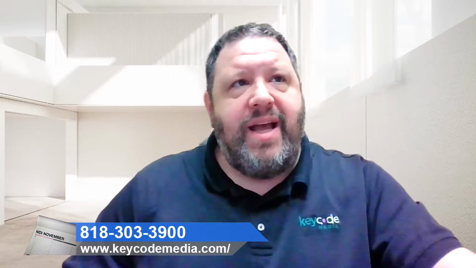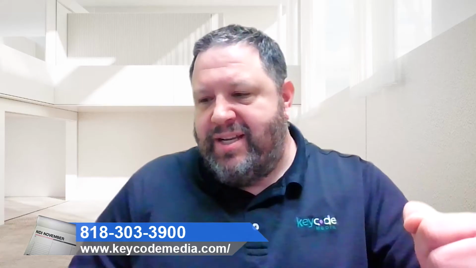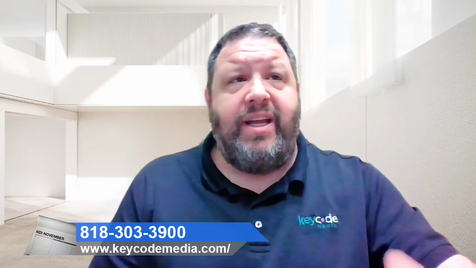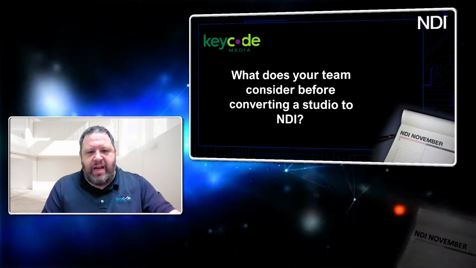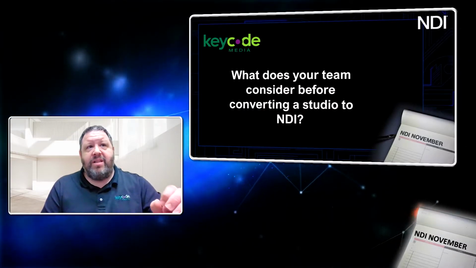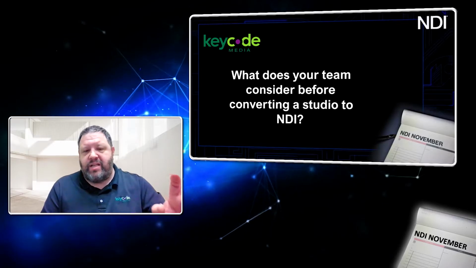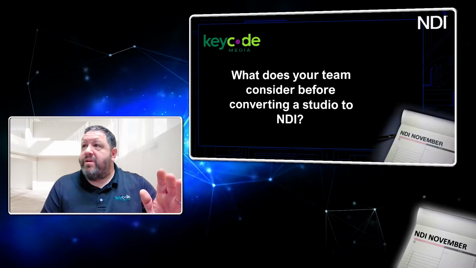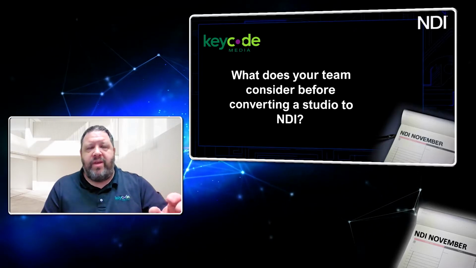NDI HX is now on version 3, which honestly is perfect for remote deployments. It runs only around 80 megabits per second. The image quality is great and has very low latency. It's on par with full NDI.